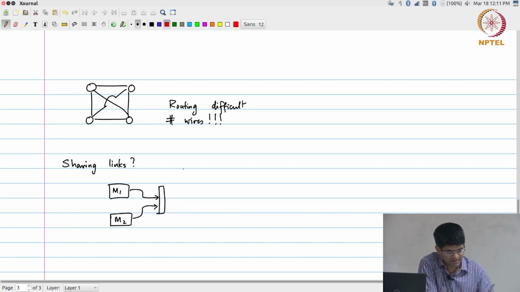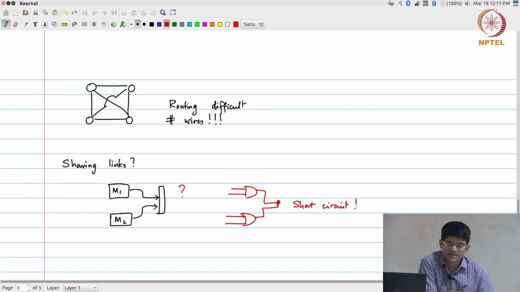How do I do this? Let us say that I have an AND gate, I have another OR gate, and I just take both of these and connect them up over here. This can essentially lead to a short circuit. So it can't be done.